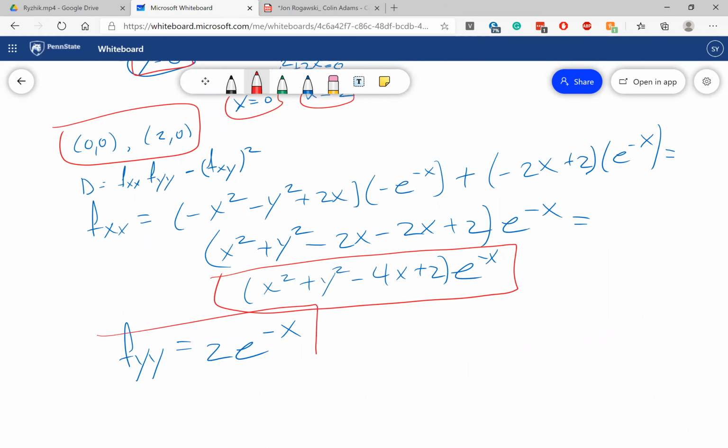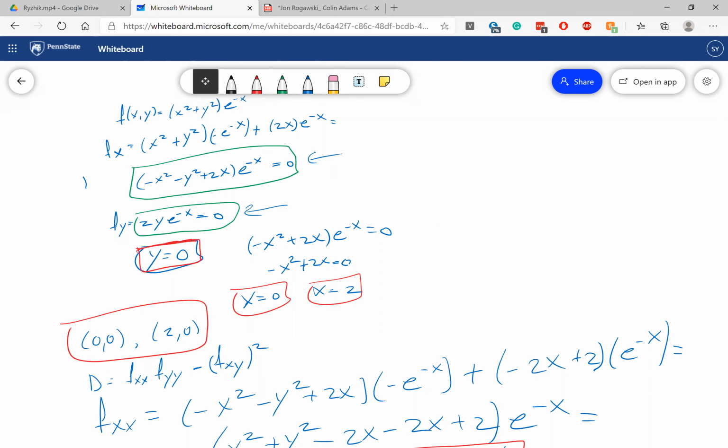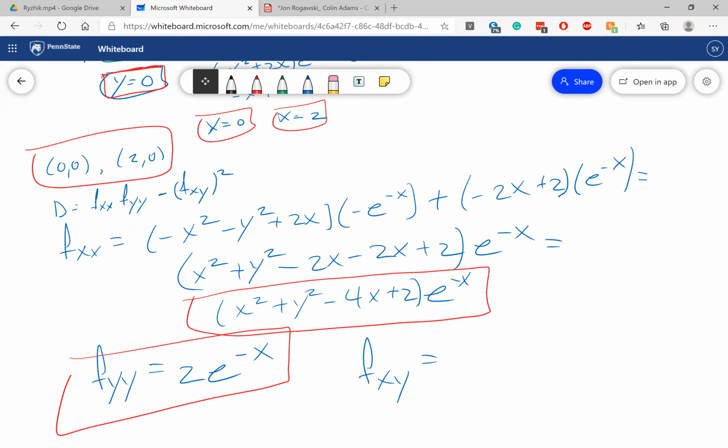Okay, great. And then the last one that we want is the partial of f with respect to xy, which is going to be negative 2y e to the negative x. Great. So we have our last one. Any questions so far? So now we need to plug in our points.